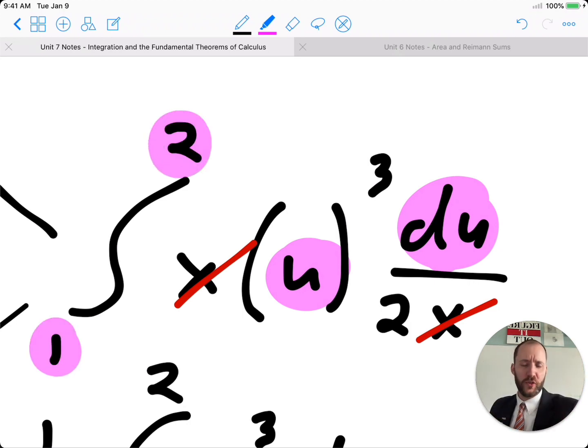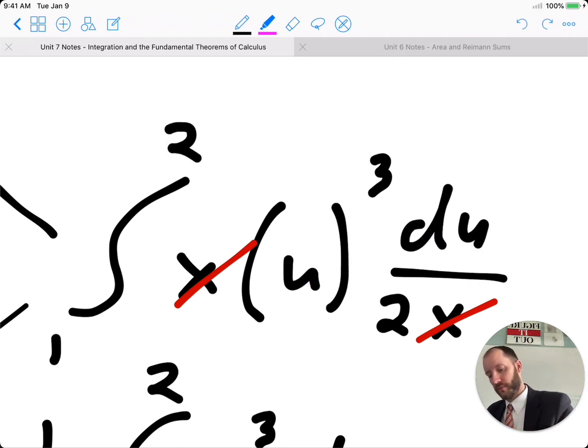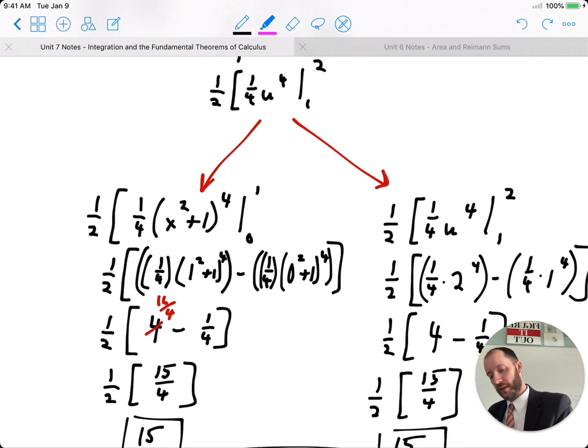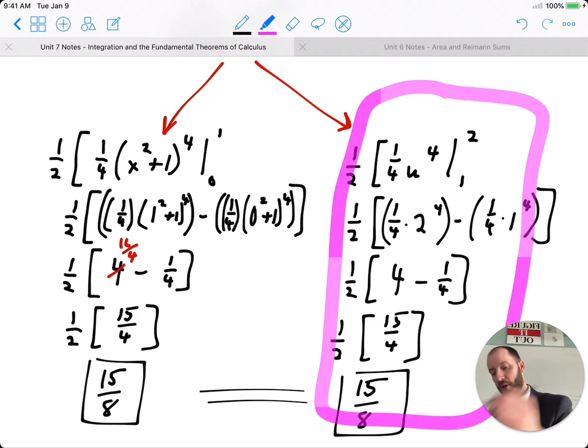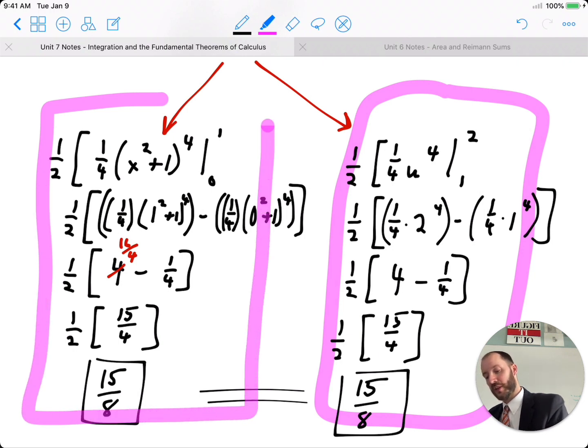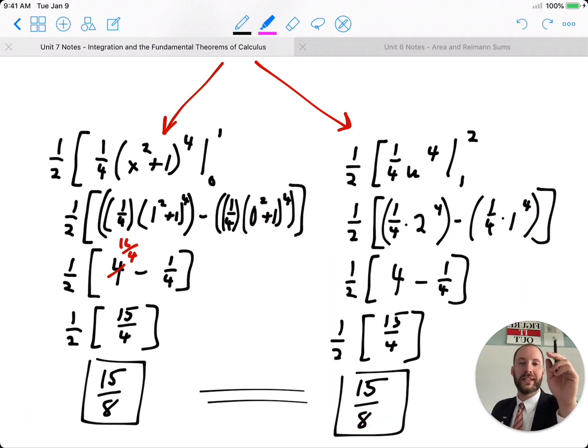You have to do that. Down here, you have a choice. You can stick with the u variable and bounds, or you can go back to the x variable and you gotta go back to the x bounds. Okay, either way you get the same answer, but consistency is in the name of the game.